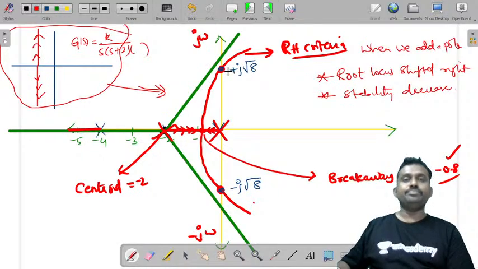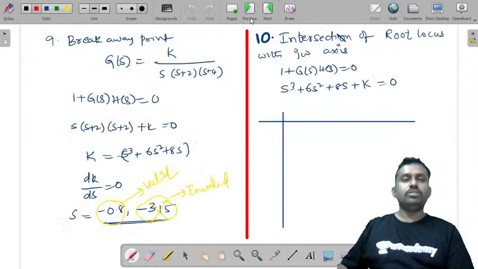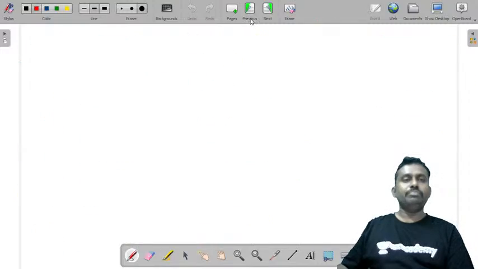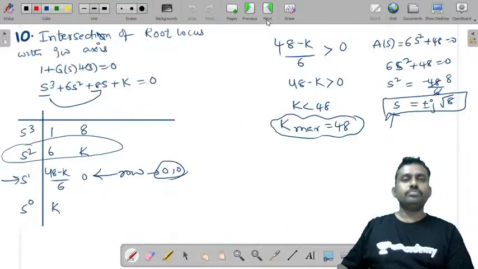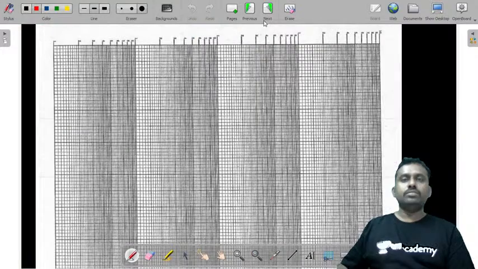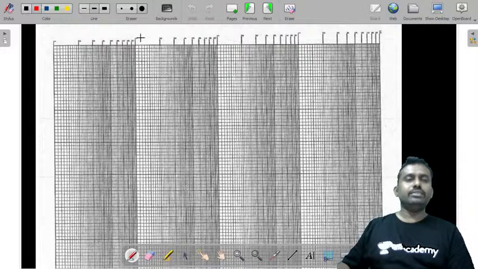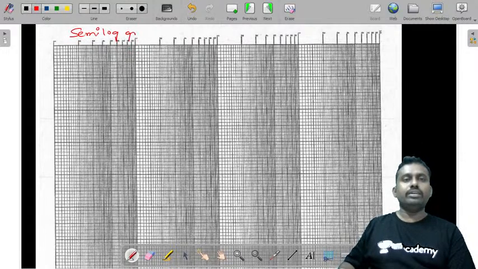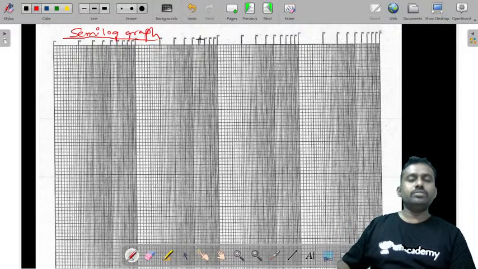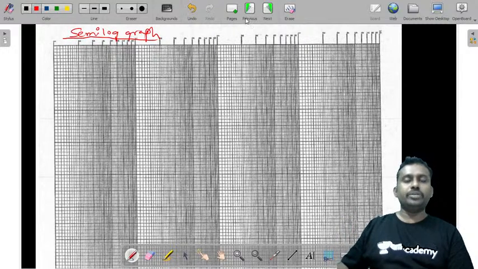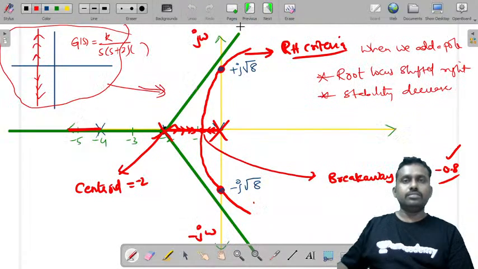Thank you, Lavanya. So this is all about the root locus problem. Now we'll see a plot. This is a semi-log sheet, semi-log graph. So you need to know this semi-log graph in order to do this BODE plot.